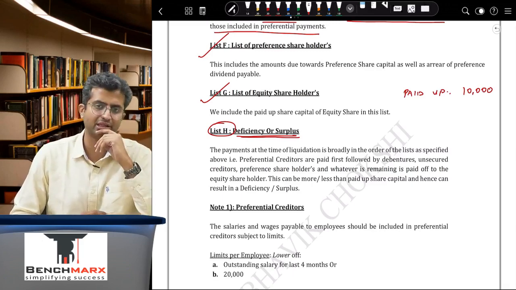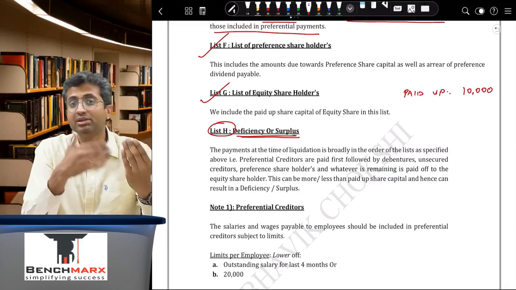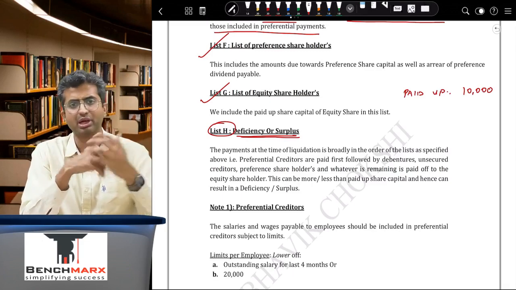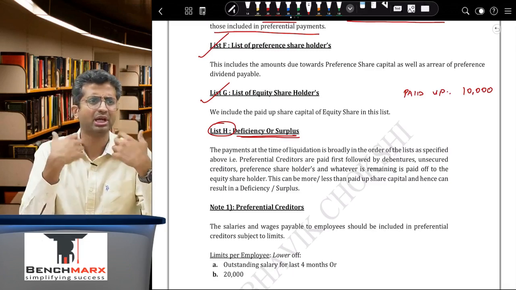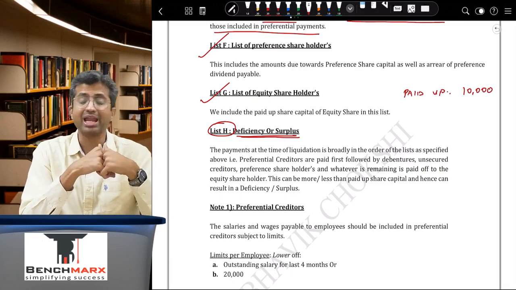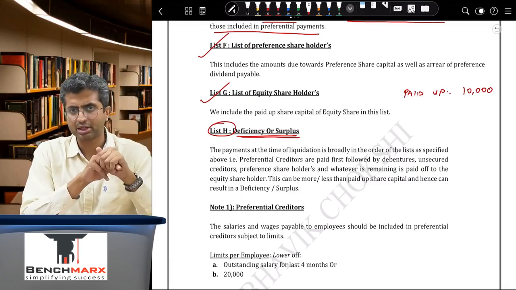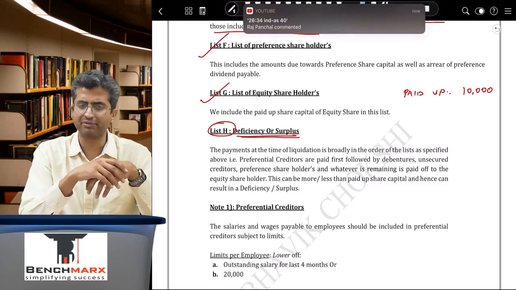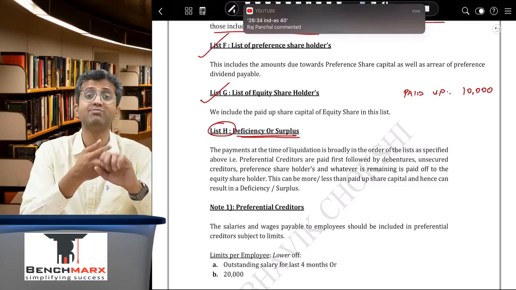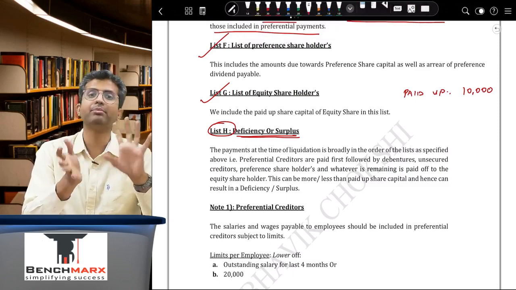Now, why is that 8,000 arising? Maybe even before the liquidation, the company was a perennially loss-making company. It was making a lot of losses, and as a result, the accumulated losses of the past can also contribute to the deficiency. Now, what all will be there in the accumulated losses of the past? As a minimum, you will start from the past 3 years.